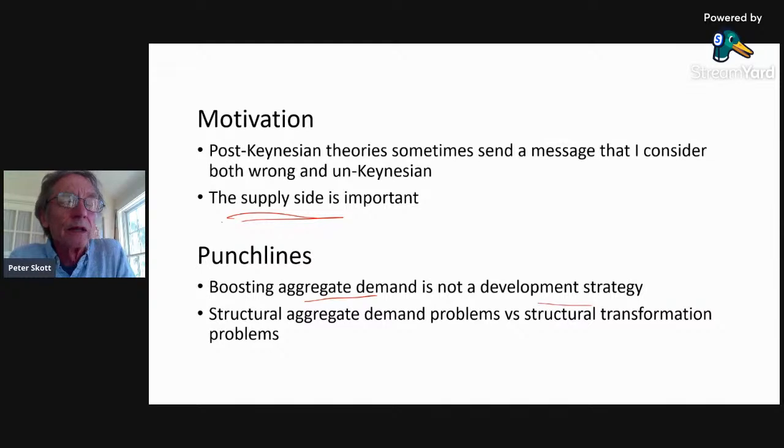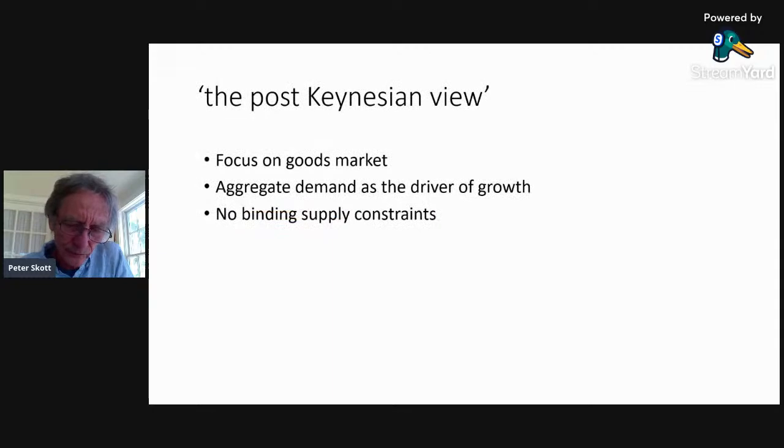It's also that we need to make a clear distinction between structural aggregate demand problems and structural transformation problems. And if you have a structural aggregate demand problem, you may indeed need a sustained stimulus, sustained aggregate demand stimulus, but that is not the case in a developing economy, in a dual economy.